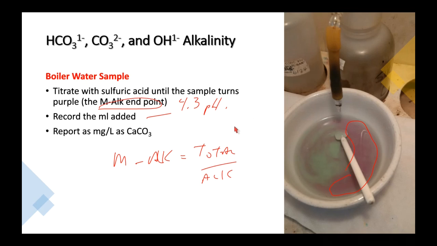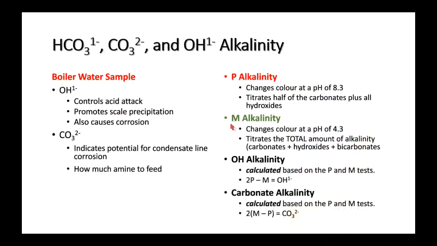So once you get to 4.3 pH, all of the alkalinity is removed. Then we do the math. OH alkalinity is 2P minus M. And if we want to know carbonate alkalinity, we can go 2M minus P.